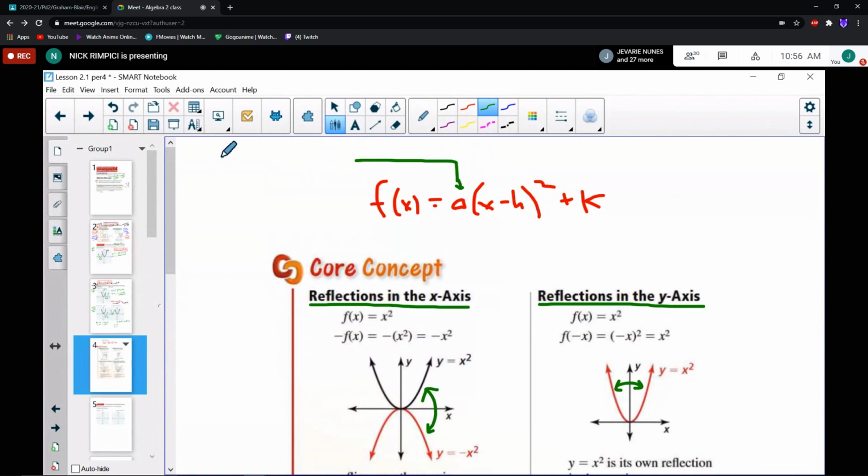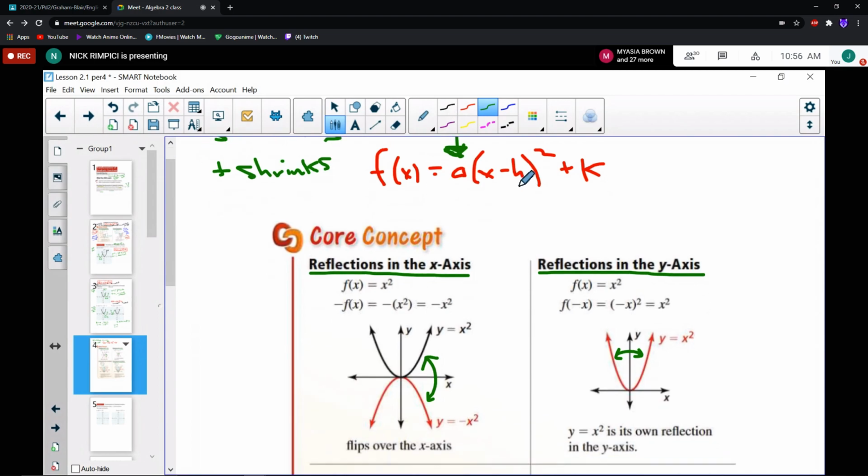When we change the a value, this actually results in stretches and shrinks. This is not a translation where it just shifts around the coordinate plane. By manipulating a, you stretch or shrink your parabola. We know that h is just a horizontal shift from yesterday, and that k is just a vertical shift from yesterday.